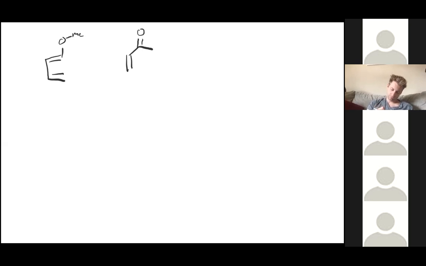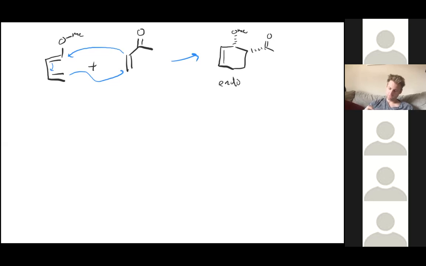Typically, we can have this interaction here and make a 6-membered ring. Carbonyl is going to be going down. OMe is on the outside, so it would also be going down, like so. This would be our endo product. We could also have an exo.